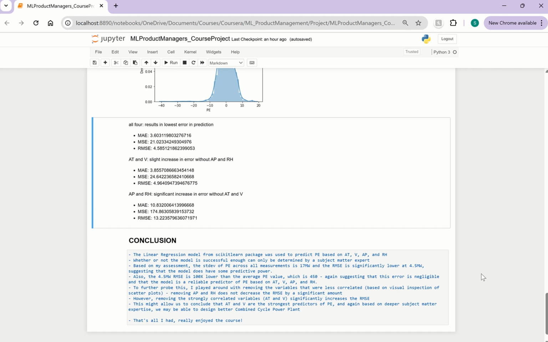Also, the 4.5 megawatts root mean squared error is 100 times lower than the average PE value, which is around 450, again suggesting that this error is negligible and the model is a reliable predictor of output energy based on AT, V, AP, and RH. To further probe, I played around with removing the variables that were less correlated based on visual inspection of the scatter plots, and found that removing AP and RH does not decrease the root mean squared error by a significant amount.